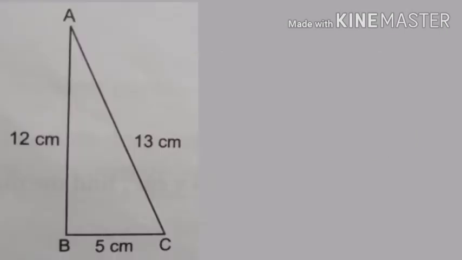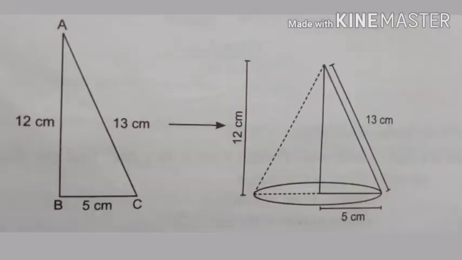Here this is the right triangle ABC with the sides 5 centimeter, 12 centimeter and 13 centimeter. When we revolve it about the side 12 centimeter, then height of the cone so obtained is 12 centimeter. Then the radius of the cone so obtained is 5 centimeter. So this is the figure obtained.